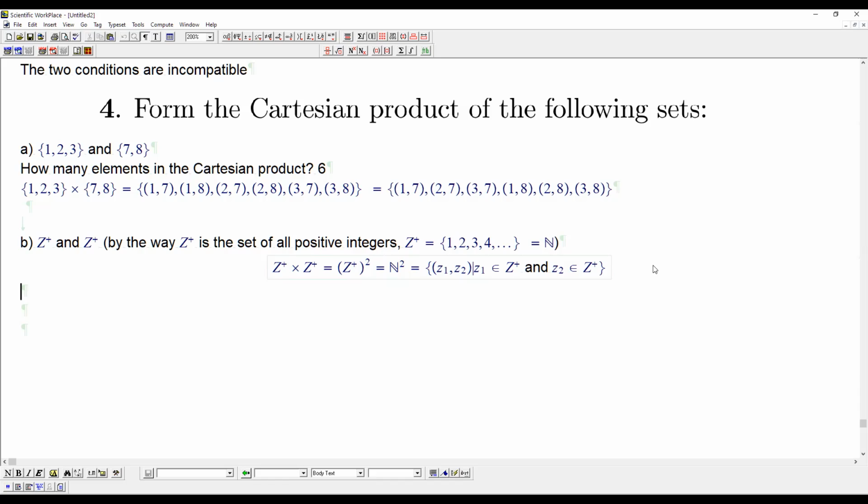Another example. The Cartesian product of, let's say, Z and, oh yeah, by the way, I should do this this way.